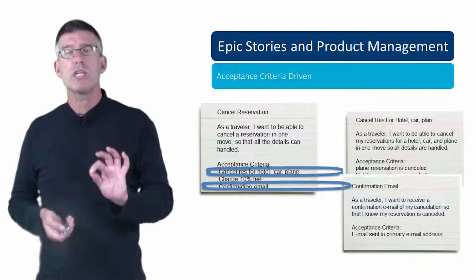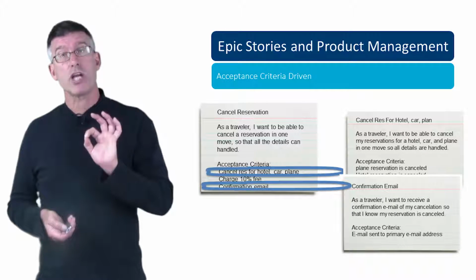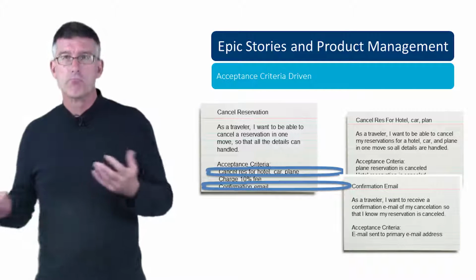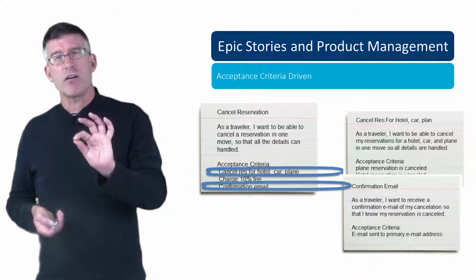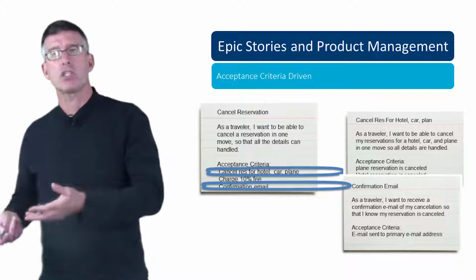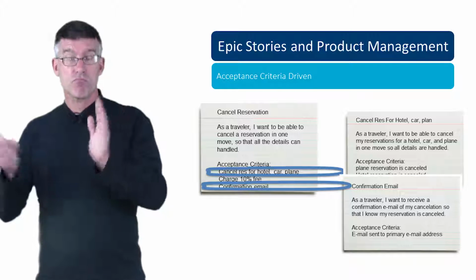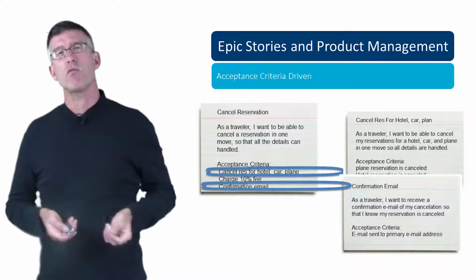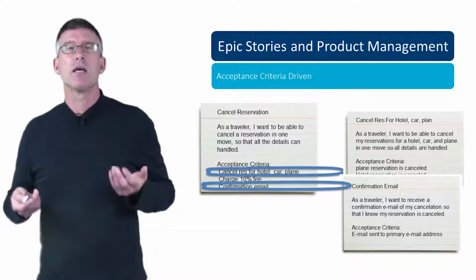So we can use these, for example, to split a large epic story into smaller epics or smaller stories. So if each one of the acceptance criteria are valuable, then a child story that implements part of the story constrained by only that acceptance criteria in itself will be valuable. So this is another lovely technique that you have.